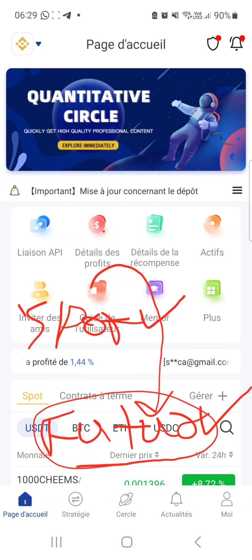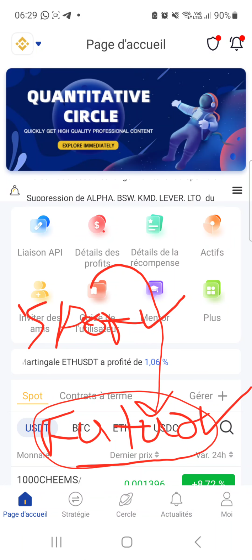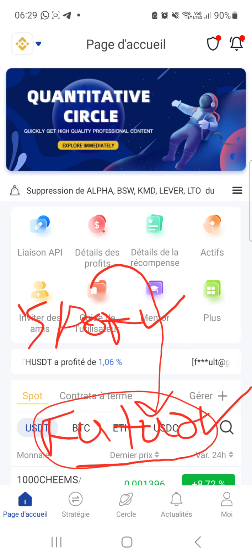Let's assume your capital is maybe 200 or $100. You are going to use only 20 or 30% of that money, so that the remaining 70 you will leave in reserve without touching it.